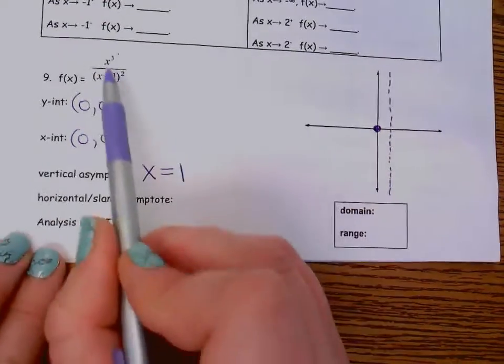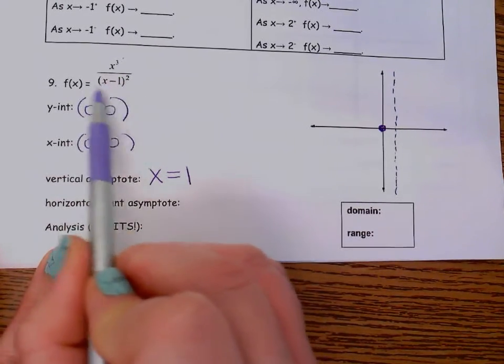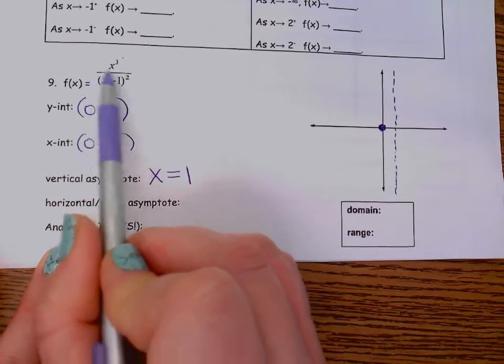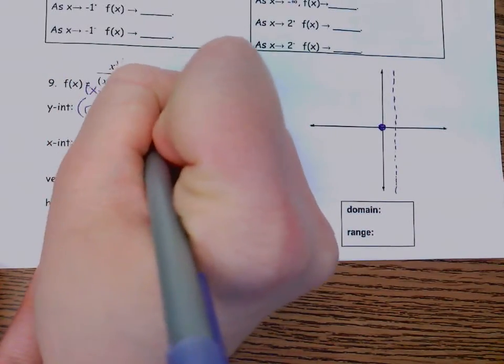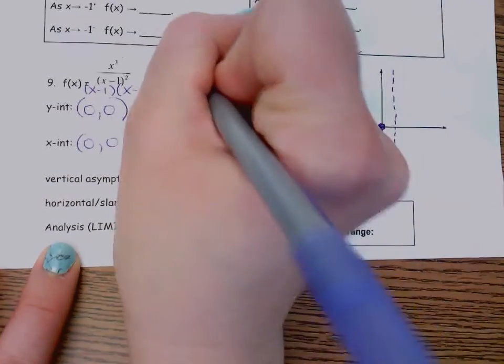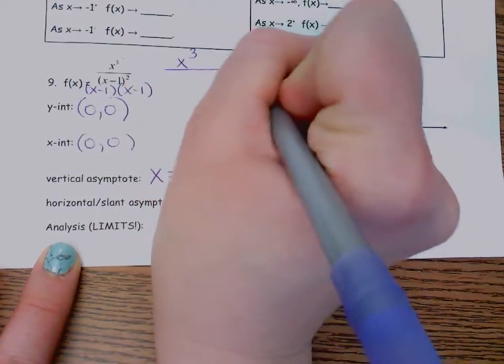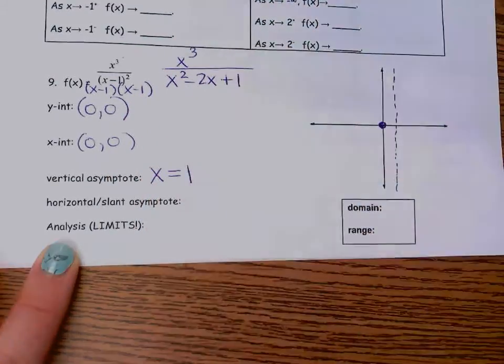So when I'm going to divide this, I actually want to FOIL this out and put the denominator in standard form first. So if I multiply the binomials x minus 1 times x minus 1, I'm really taking x cubed and dividing by x squared minus 2x plus 1.